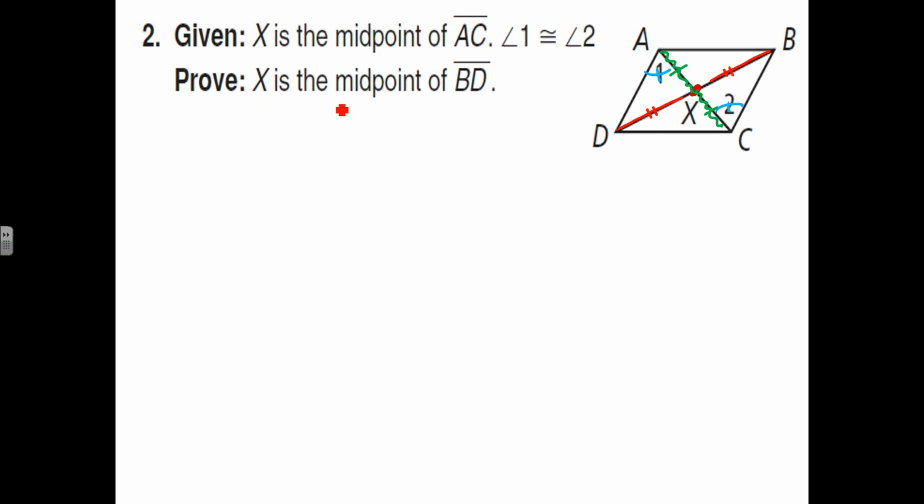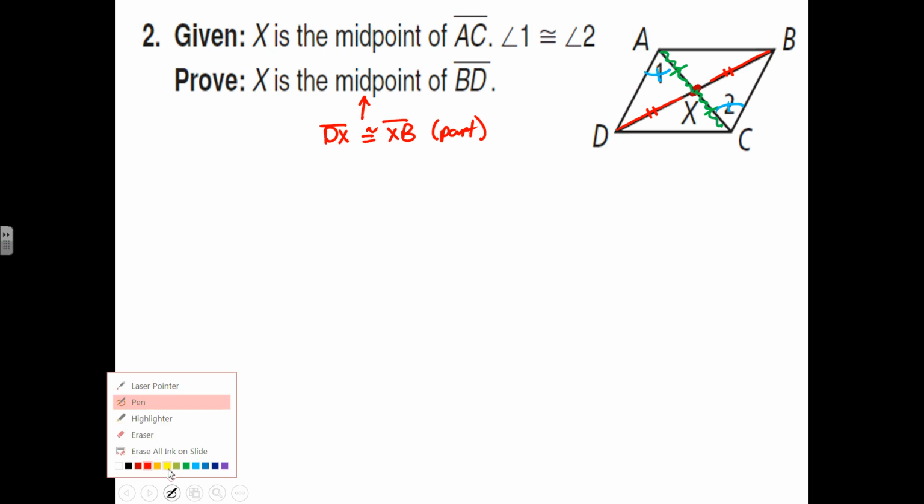Before you first say that DX is congruent to XB, that's a prior step, and that's a part congruent. Before you can even say that, we first have to say that the triangles are congruent.